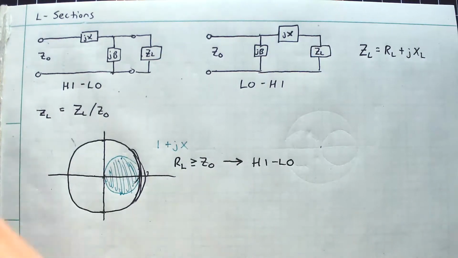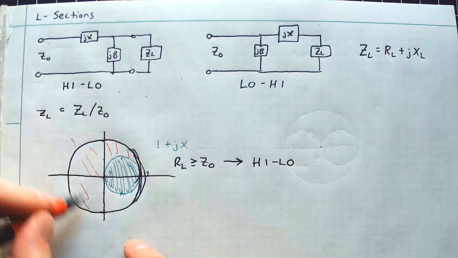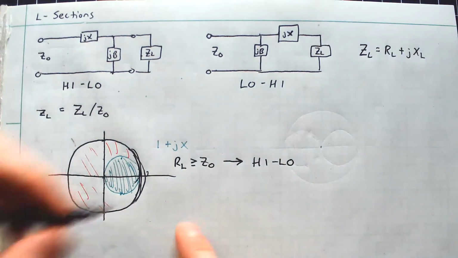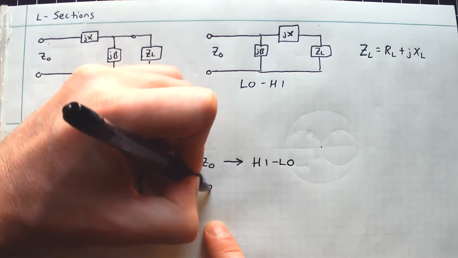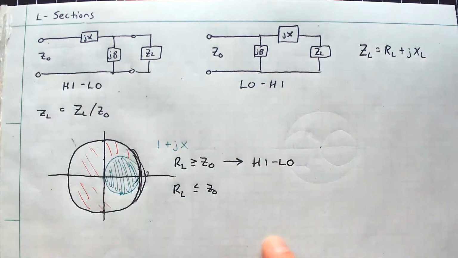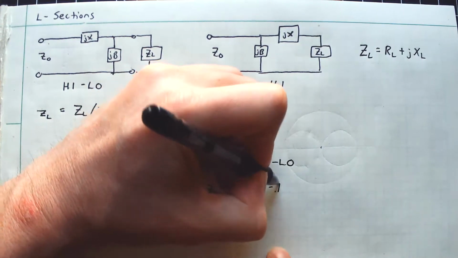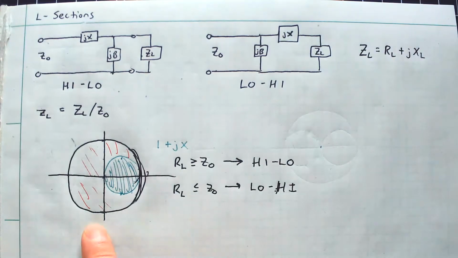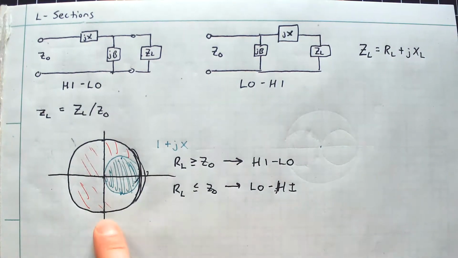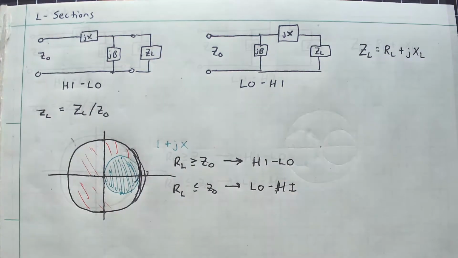Okay, and if I am somewhere outside of that circle, out here, so that implies my R sub L over here is less than or equal to Z naught, then the appropriate network will be the low-high, like so. Okay, so you notice they're not interchangeable. Depending on where you land in the unit circle here for my Smith chart, that will determine which network is the appropriate one to utilize for creating a match.